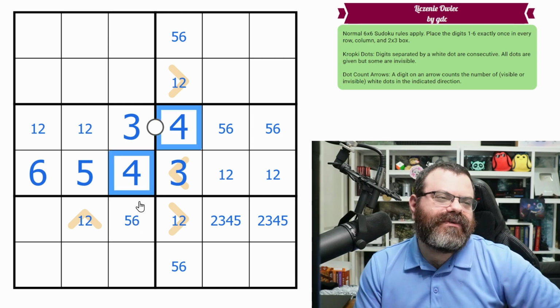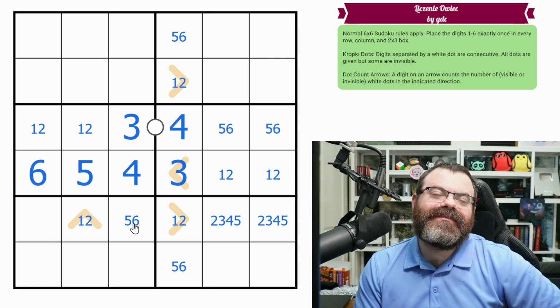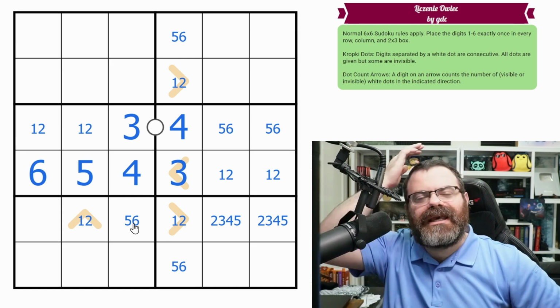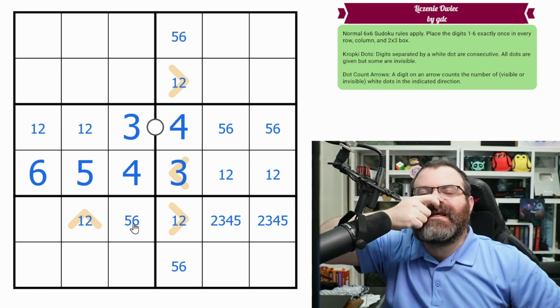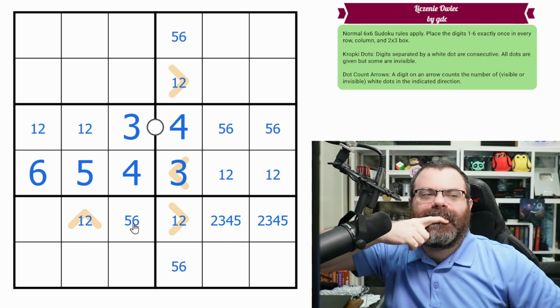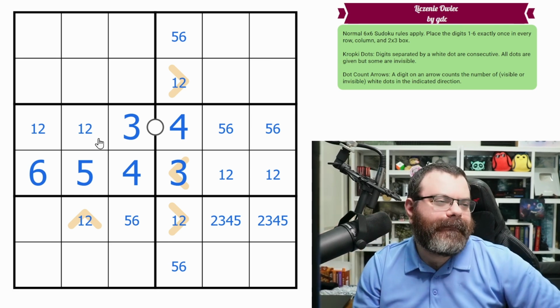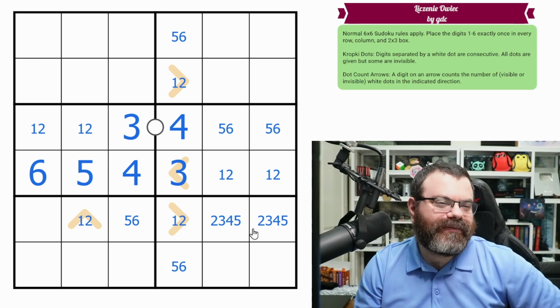Like if we knew all dots are given, but some are invisible. Yeah, there's no rule saying if an arrow isn't indicating an invisible dot, then it's not there. So I don't think we can use that. But I don't see how this is solvable otherwise.